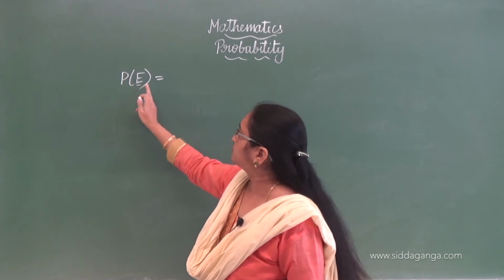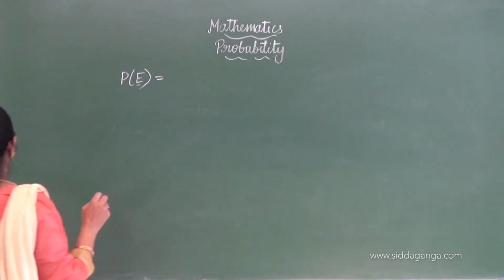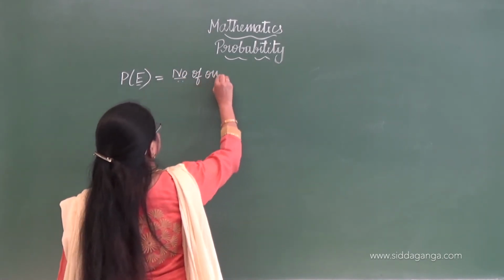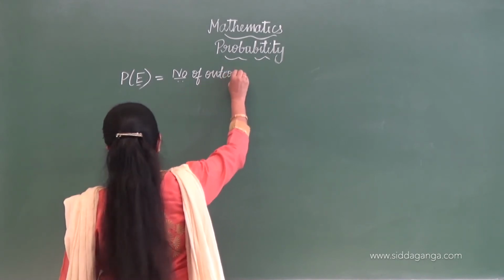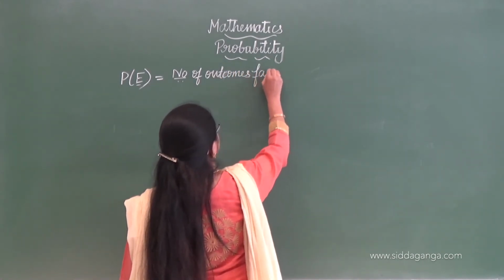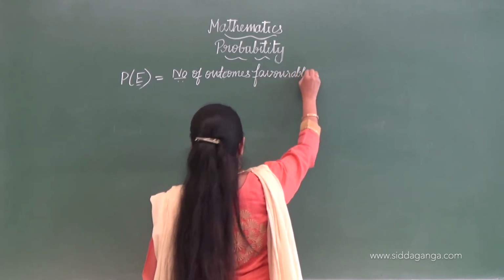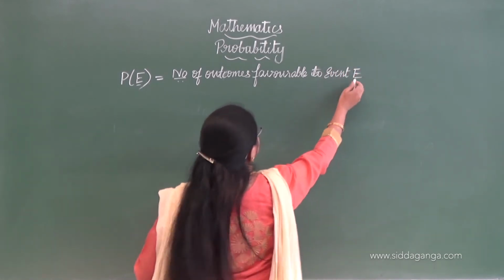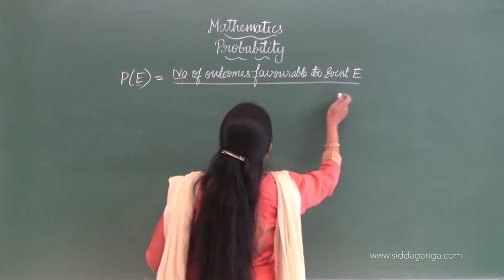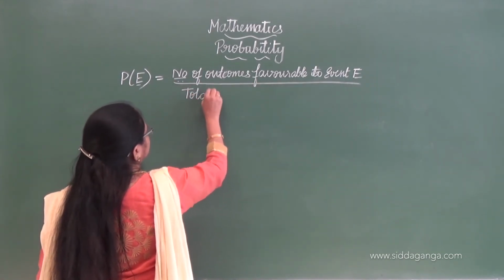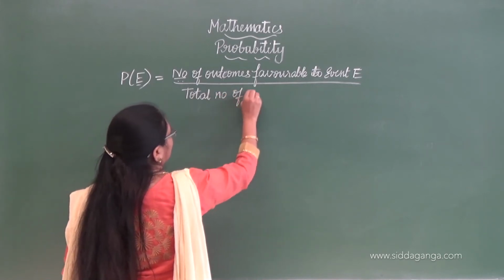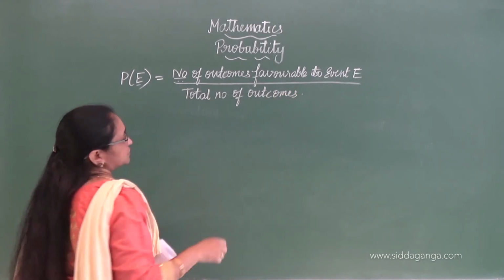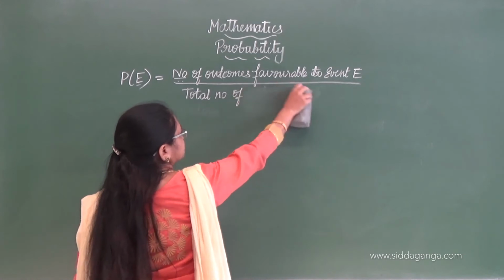So probability of event E is equal to number of outcomes favorable to event E divided by total number of possible outcomes.